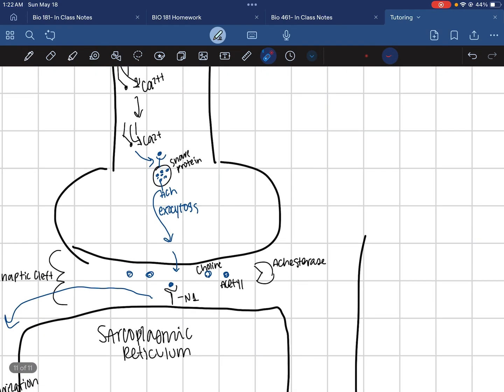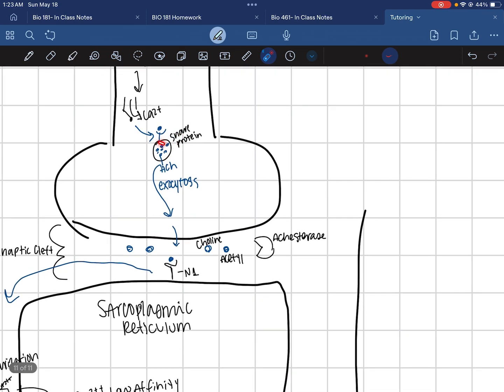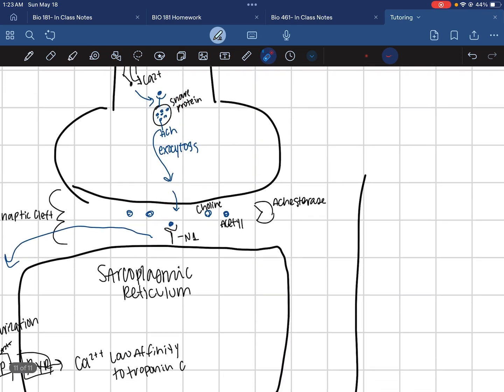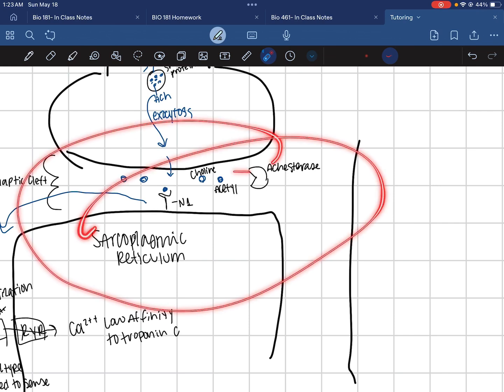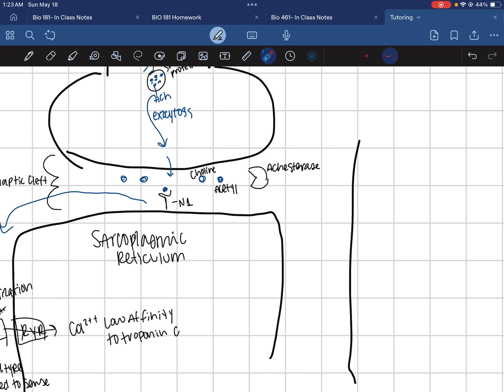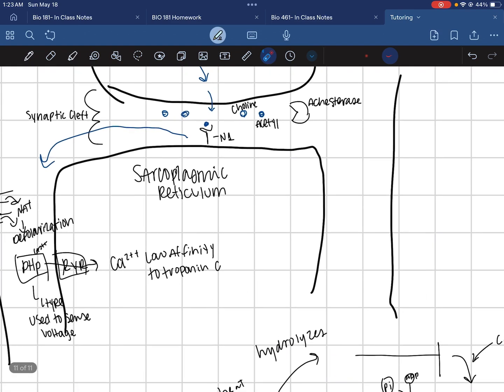And then calcium is going to bind to the SNARE proteins, and that's going to cause an exocytosis of acetylcholine from the synaptic vesicles into the synaptic cleft. And then acetylcholine is going to bind to these ligand-gated cationic channels, which are also known as your nicotinic type 1 receptors in the sarcolemma of the postsynaptic tissue, which is basically the end motor plate.